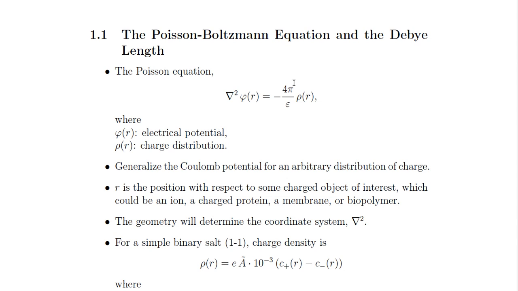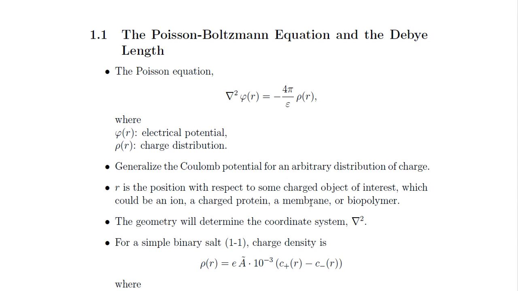This is the generalized Coulomb potential for an arbitrary distribution of charge. We want to see what will happen to the Coulomb potential if there are many charges in the solution. R is the position with respect to some charged object of interest, which could be an ion, a charged protein, a membrane, or a biopolymer.